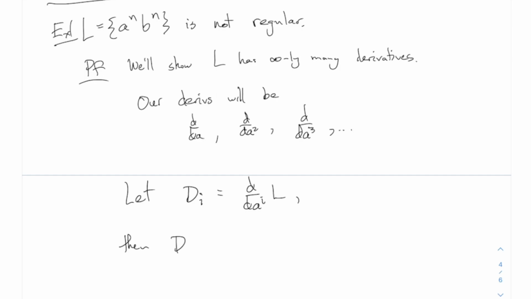Then, can anybody say, what is D_i if you write it as a set? It means you start with this thing, but basically you cancel off a bunch of the A's on the front. How many? i of them. What would it look like then? Yeah, a to the n minus i, b to the n. All right?